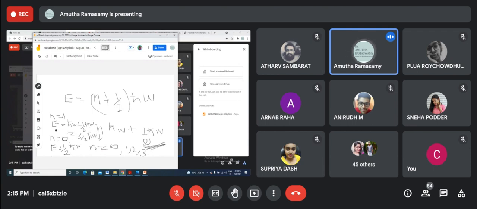So this is E for the energy level N is equal to 1. Similarly, E for the energy level 2 is 5 by 2 H cross omega. So it goes on like that. Any problem now?